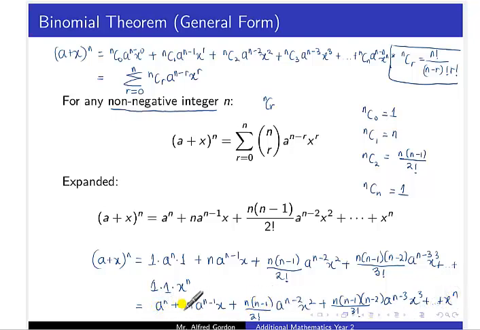So this is a general binomial expansion that we have here, the general binomial expansion.